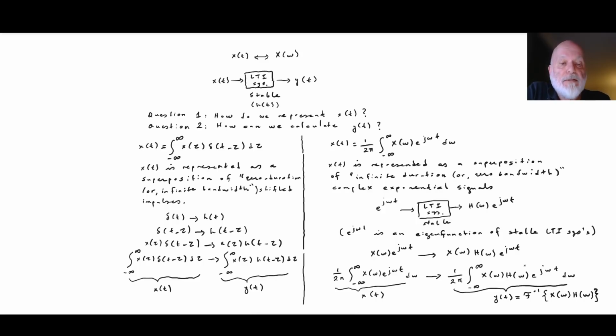In a nutshell, a very brief summary, but what we are essentially doing in signal theory or in the theory of linear time invariant systems is using either the first representation in terms of shifted impulses or the second representation in terms of a superposition of complex exponential signals.